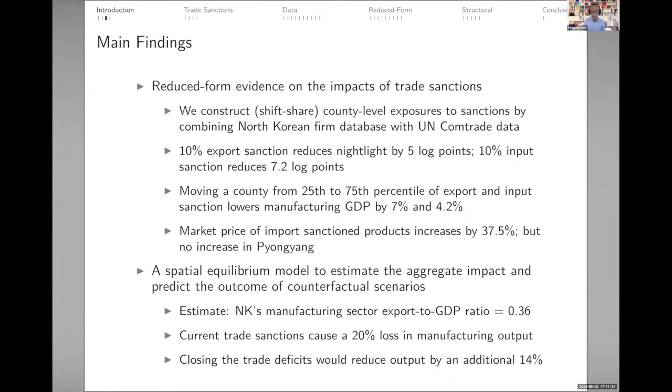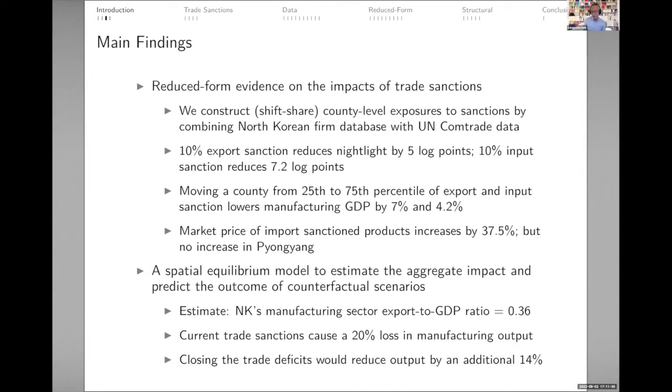From that exercise, we can show that moving a North Korean county from the 25th percentile to the 75th percentile of export or intermediate input sanction lowers the county's manufacturing GDP by about 7% and about 4.2% respectively.